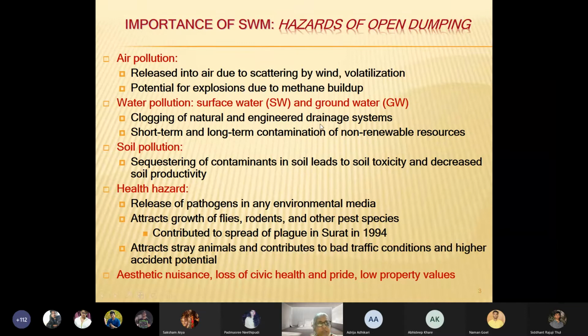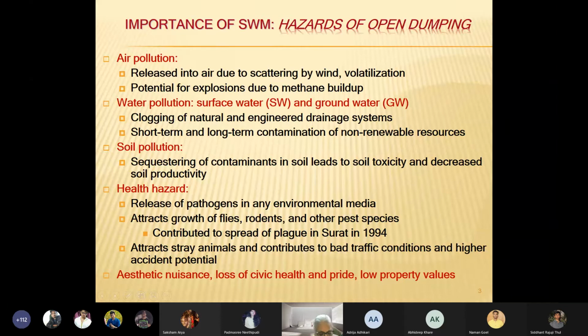And even when you have engineered drainage systems, if they are filled with waste, and that happens anywhere, you can go around any town or city, you will find that the nalas, the constructed nalas as well as the natural nalas, all of them are often clogged by waste, and that waste can be natural waste.